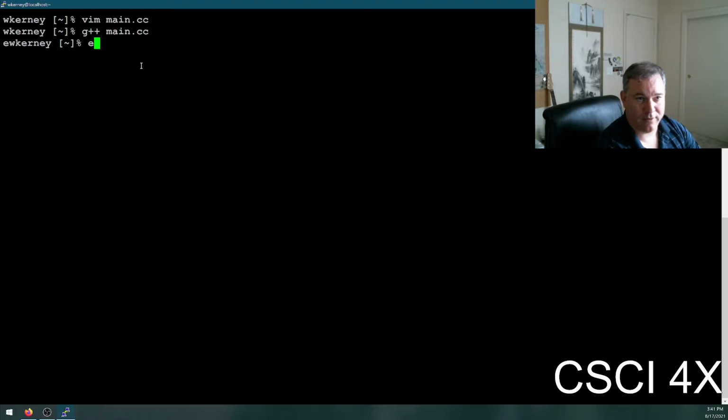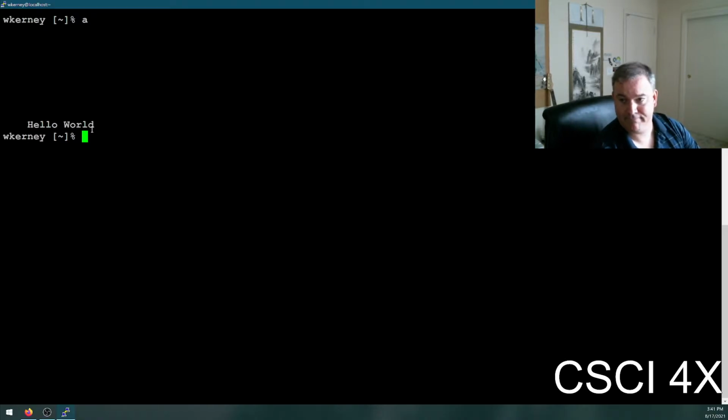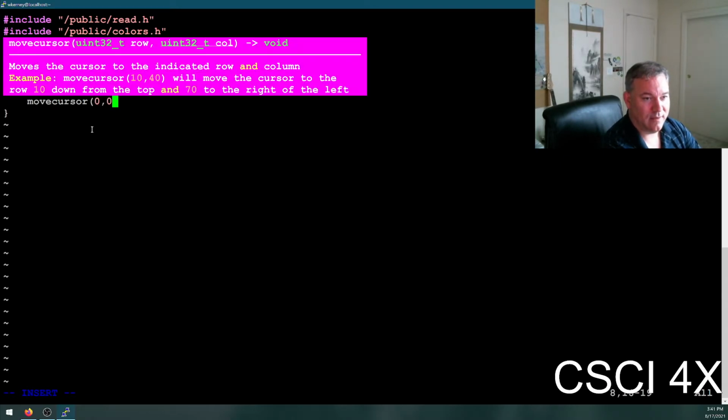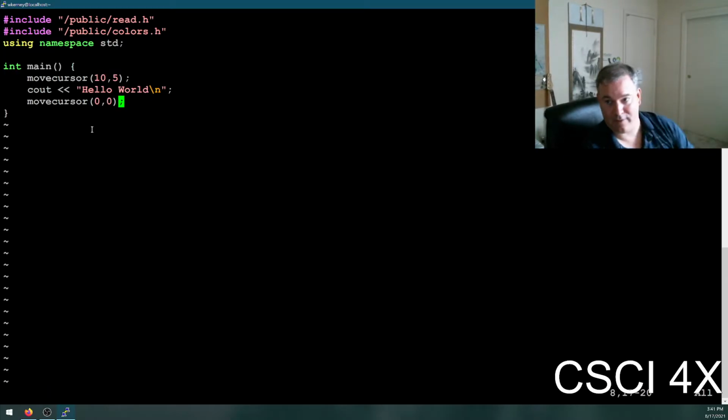It doesn't need a library, you don't have to link in curses or any of that stuff. If you run it, it just prints hello world right there. And if you move the cursor back up to the top left corner of the screen, that is 0, 0 in screen coordinates.